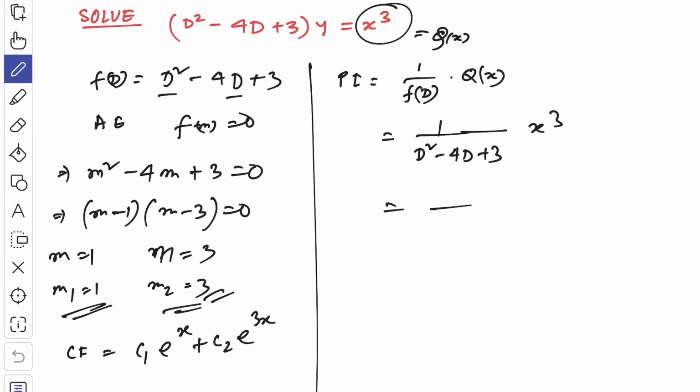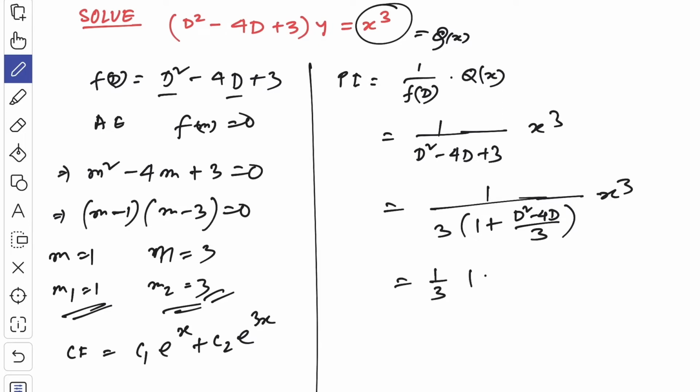So let us take 3 common, then you will get 1 plus (D square minus 4D) by 3, into x cube, and this can be written as 1 by 3, 1 plus (D square minus 4D) by 3 whole inverse, x to the power 3. So again we're going to expand this one using the binomial expansion. If you use binomial expansion to expand this, here you can see what we will get.